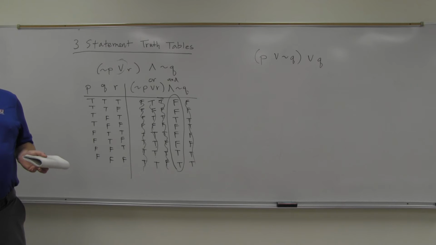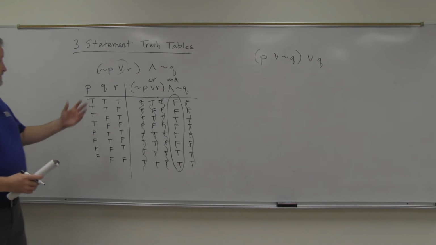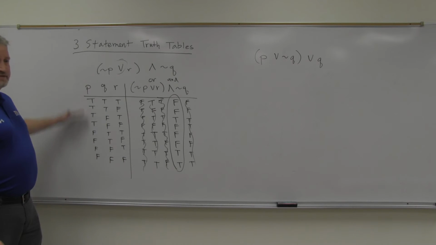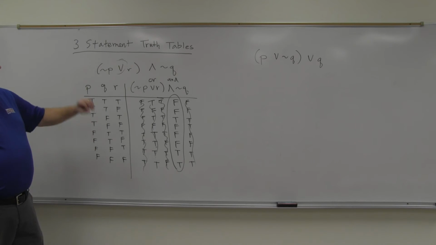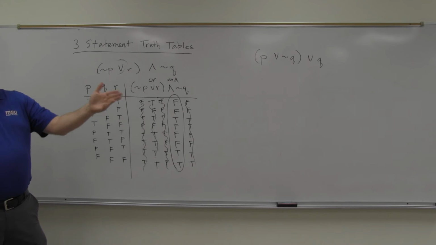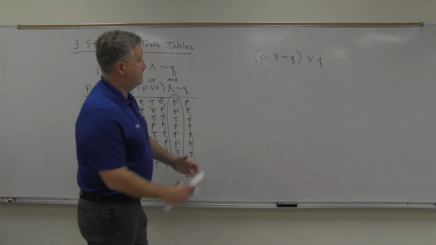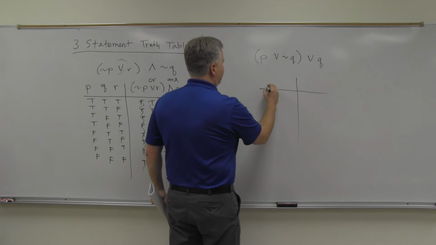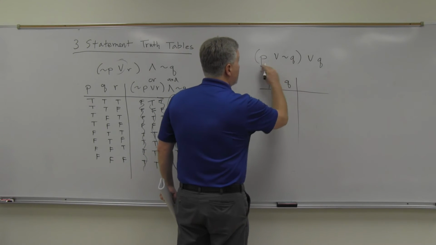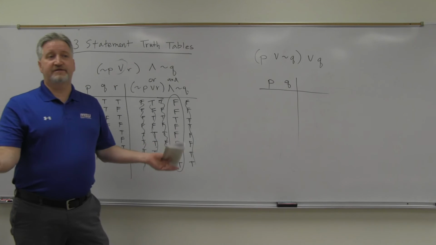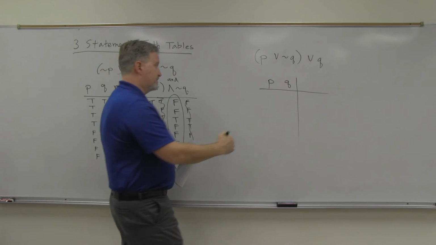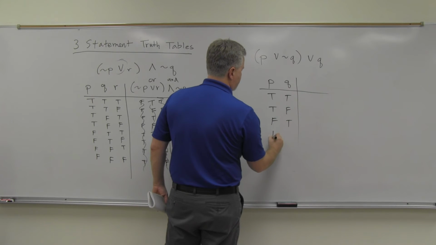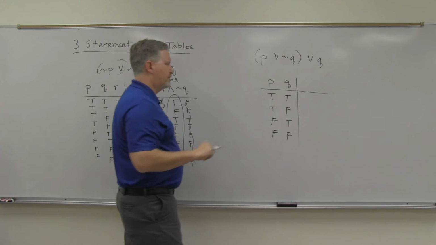It doesn't need 8 lines because it doesn't have an R, does it? You only need the 8 lines, the longer one, if you have P's, Q's, and R's, or 3 different statements. So that's one point here to be made. This one, we really just have P's and Q's, and so we're back to just 4. True, true, true, false, false, true, false, false.